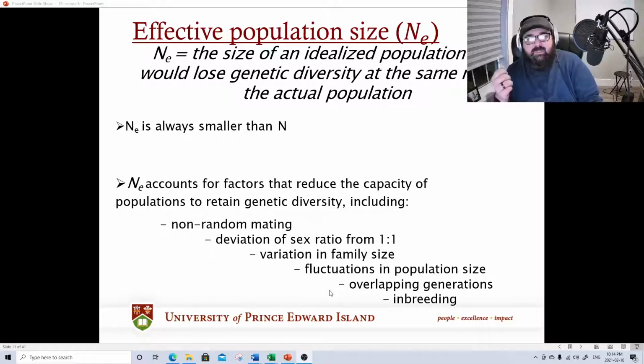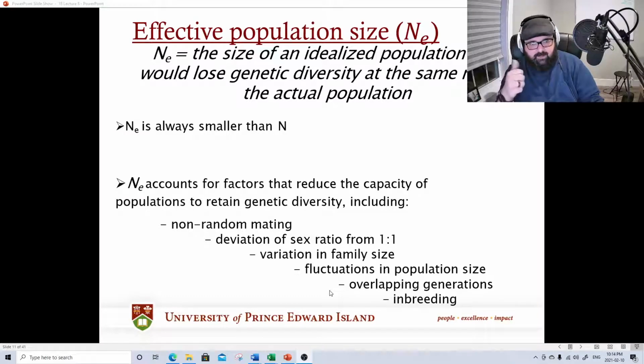This term is NE, or the effective population size. It's the size of an idealized population that would lose genetic diversity at the same rate as the actual population. NE is almost always smaller than N. In fact, in practical terms, it's always smaller than N. It accounts for factors that reduce the capacity of the population to retain genetic diversity.